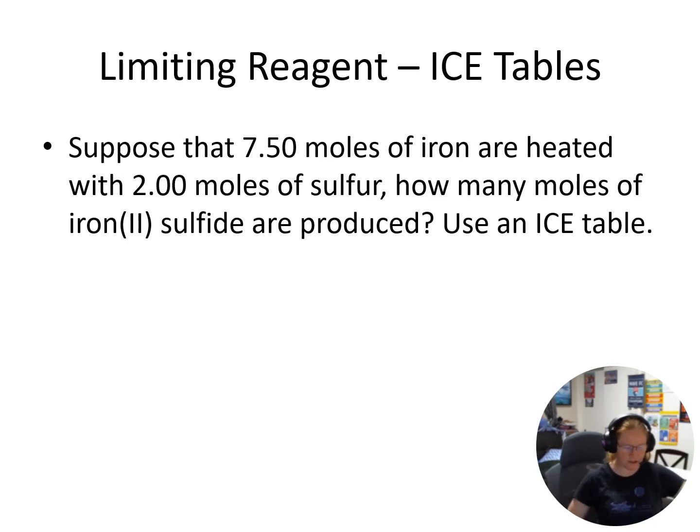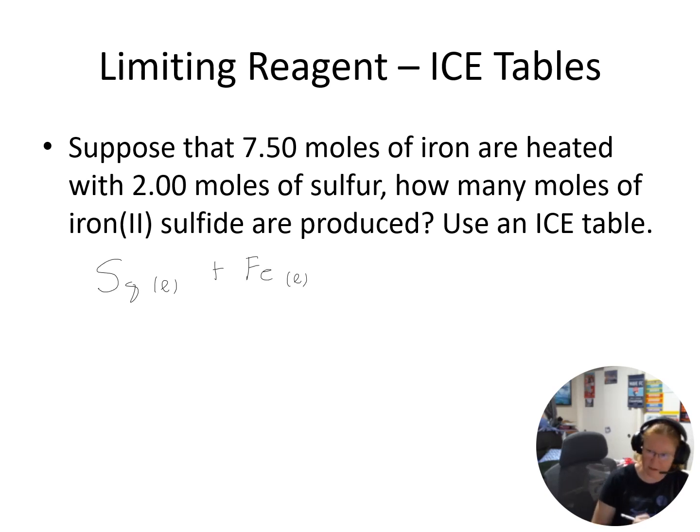All right. So I have 7.5 moles of iron heated with 2 moles of sulfur. And I want to know how many moles of iron 2 sulfide are produced using my ice table. Okay, and so I've got my sulfur, and we heat it to molten sulfur.